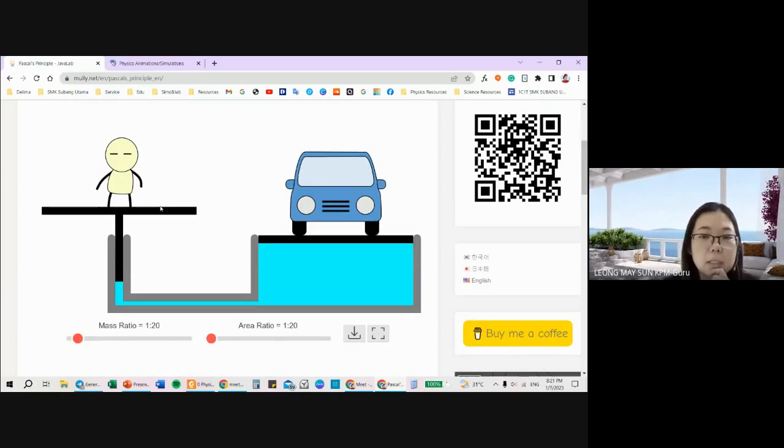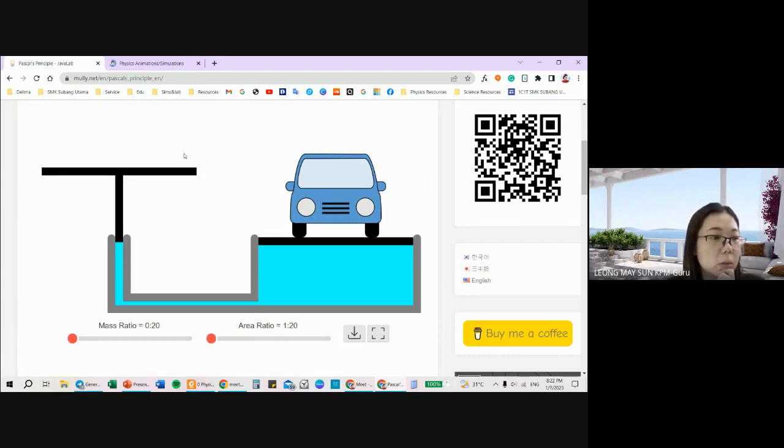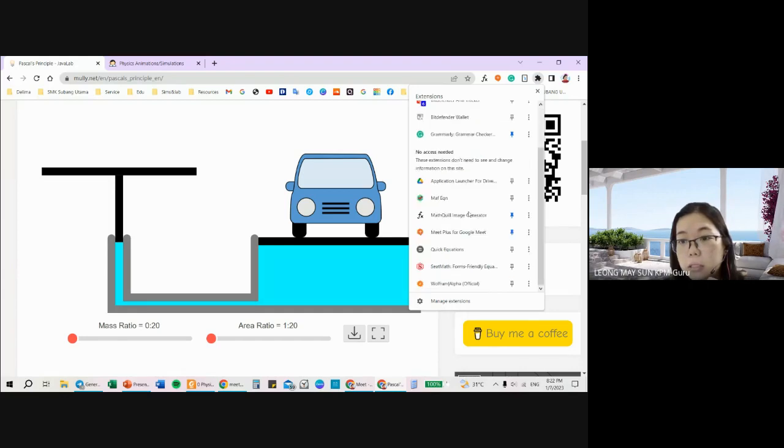Okay, now let's have a look over here. There's no one on this particular left side. This is a smaller cross-sectional area, and this is the car.